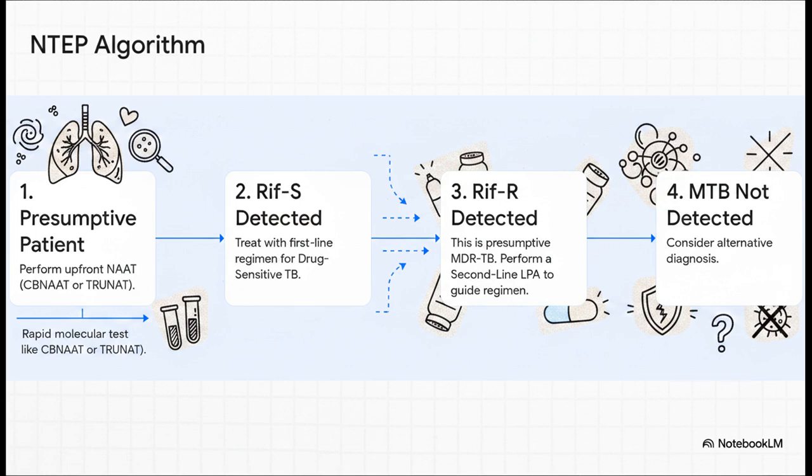If it's TB but it's RIF sensitive, you start standard treatment. Easy. If it's TB and it's RIF resistant, you don't hesitate. You start them on an MDR-TB regimen and order follow-up tests like LPA or WGS to refine it. The whole point is to act decisively and get every patient on the right treatment from day one.